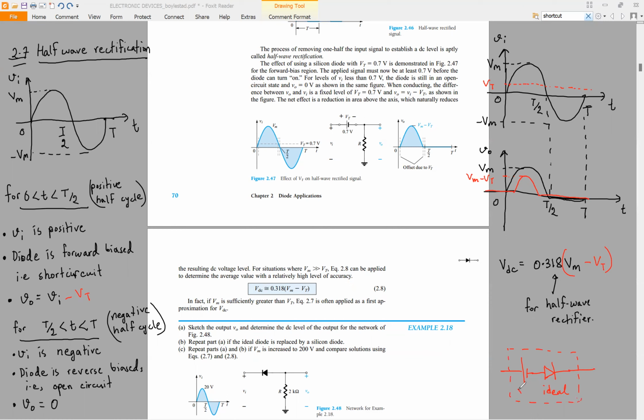So this is Vt. This is positive, this is negative. So this is actually our simplified diode model. We have an ideal diode and we also have a threshold voltage.